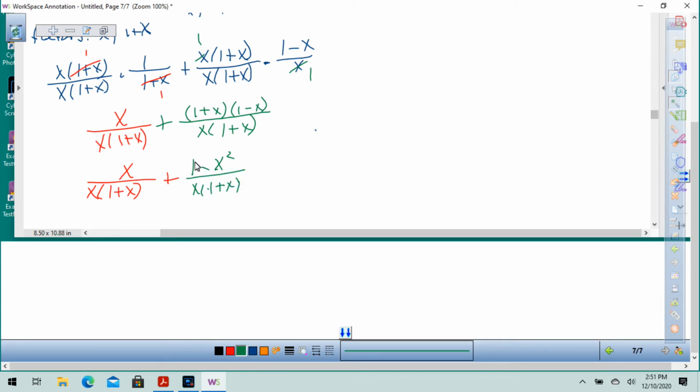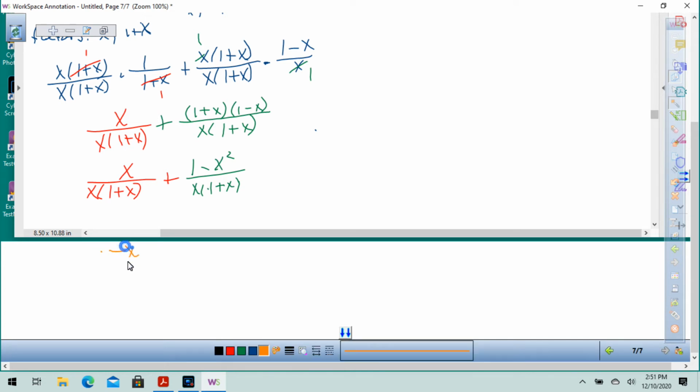Now I can add them. So together, I've got, well, let's see, x plus 1 minus x squared. Now, this isn't in the right order here, okay? So let me change that order.